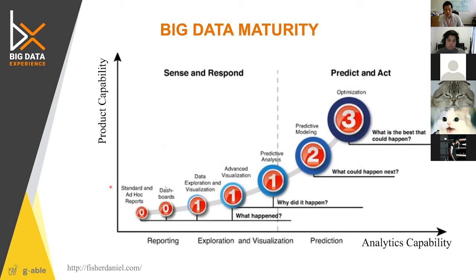Usually there is a transition in the use of data, especially big data. They usually start off by creating ad hoc reports or dashboards to have information about the moment. Then after they can incorporate prediction into the system, they can perform predictive analytics, predictive modeling, and up to optimization to find the best solution automatically, to create the AI. So these are the transitions in a company.